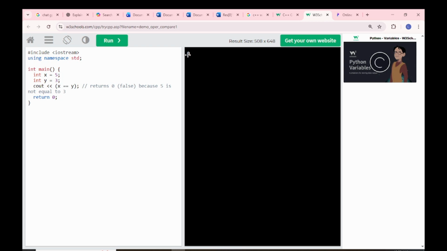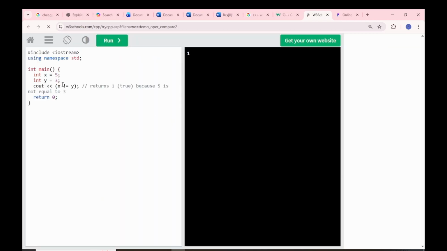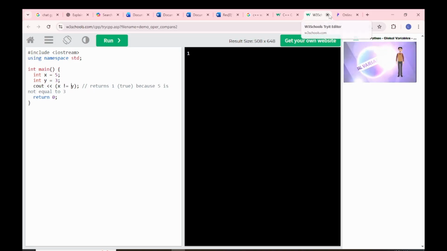Okay, so this is not equal, so this is going to give us 0, right? Not equal to, x equals 5, y equals 3, cout x not equal to y returns 1 because okay, so this is not equal, right? So yes, this is true, we are checking if it's not equal. So yes, it's not equal, so it returns 1.